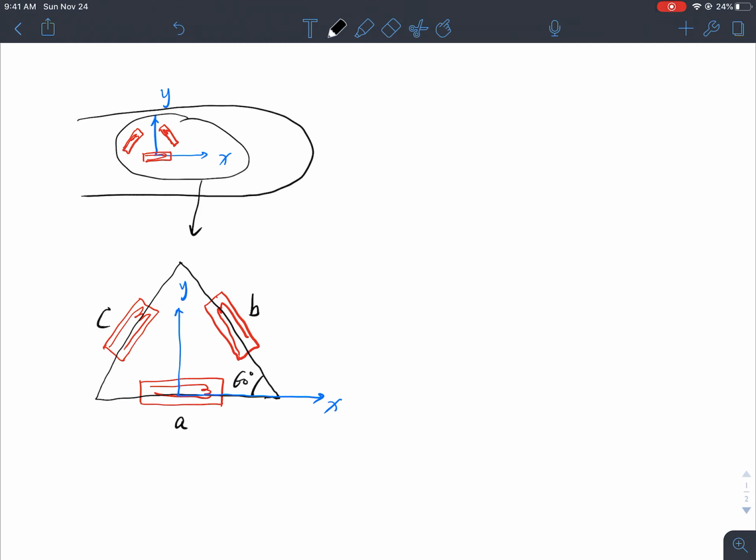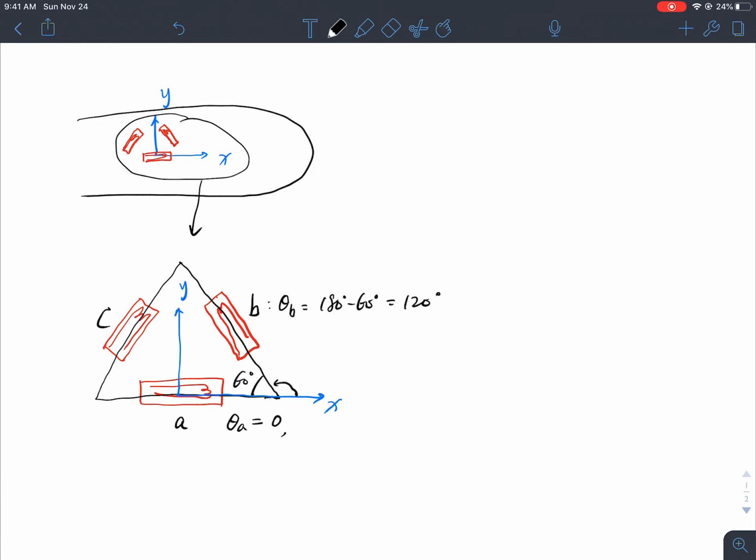It's quite apparent, so theta A would equal what? 0, is that right? And theta B would equal this angle right here, so it's 180 minus 60, which gives me 120 degrees. Now theta C, be careful. Theta C depends on how you look at it.